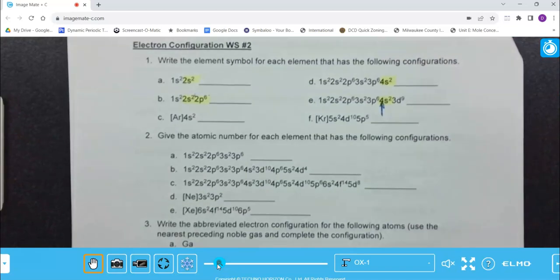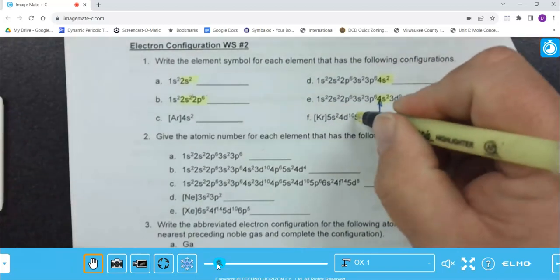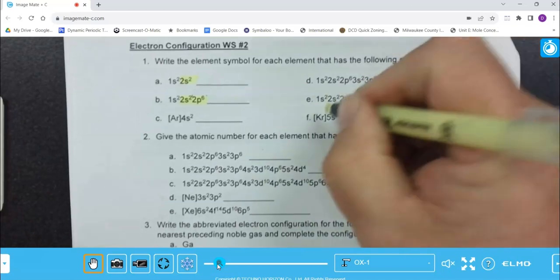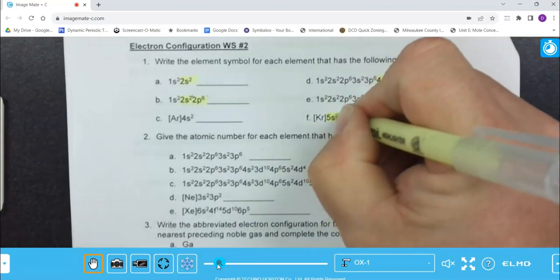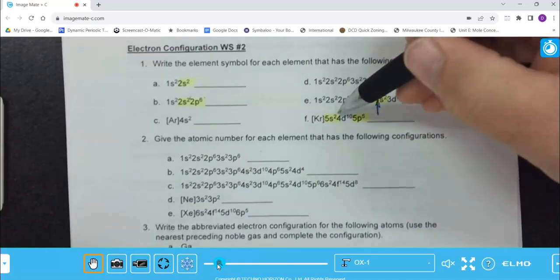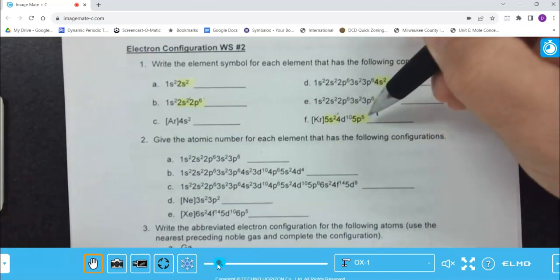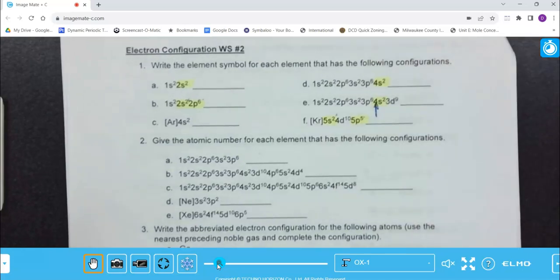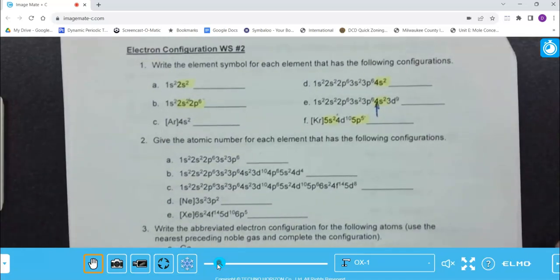For F, if I'm trying to count valence electrons, the 5th energy level is the energy level that is furthest away from the nucleus. So that 5th energy level has 2 electrons here and 5 electrons there. That is 7 valence electrons.